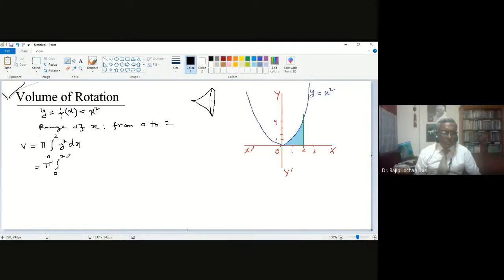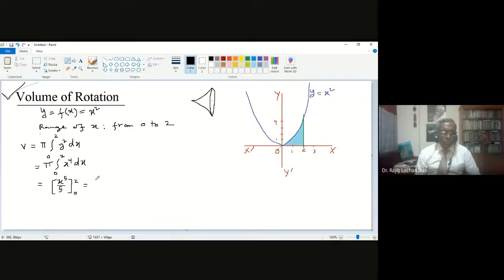So it will be 0 to 2, then x to the power 4 dx, and then you do the integration, so it will be x to the power 5 by 5, in brackets, with lower boundary 0, upper boundary 2.